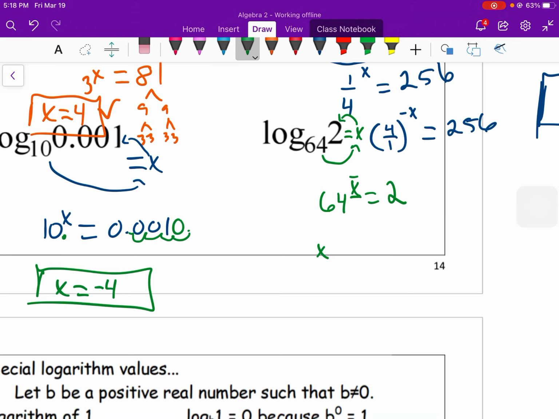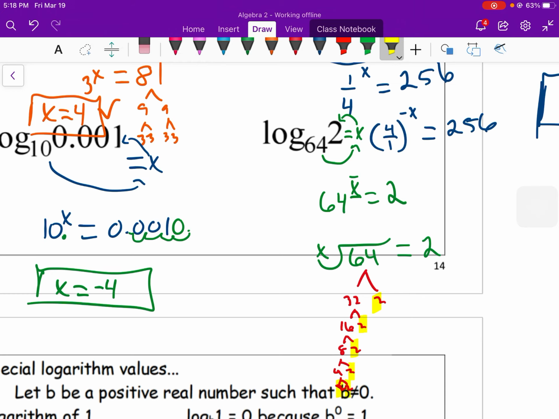So the x root of 64 equals 2. So again, we can prime factorize it, find a factor tree. This is 32 times 2, which is 16 times 2, 8 times 2, 4 times 2. Lots of 2's. It should be 6. 1, 2, 3, 4, 5, 6.